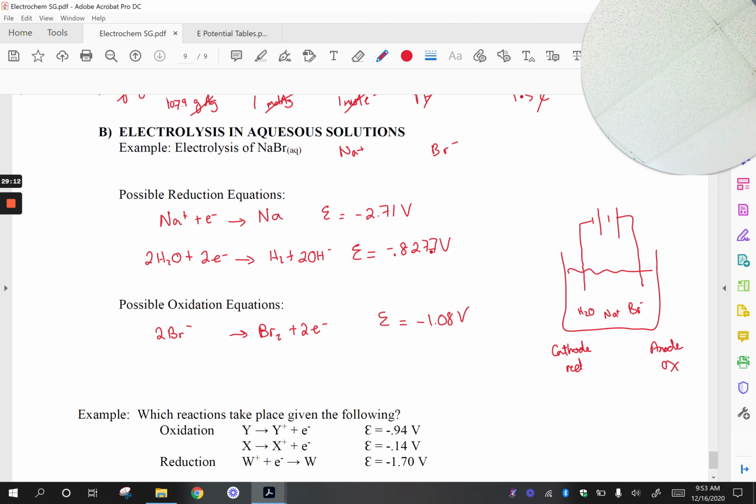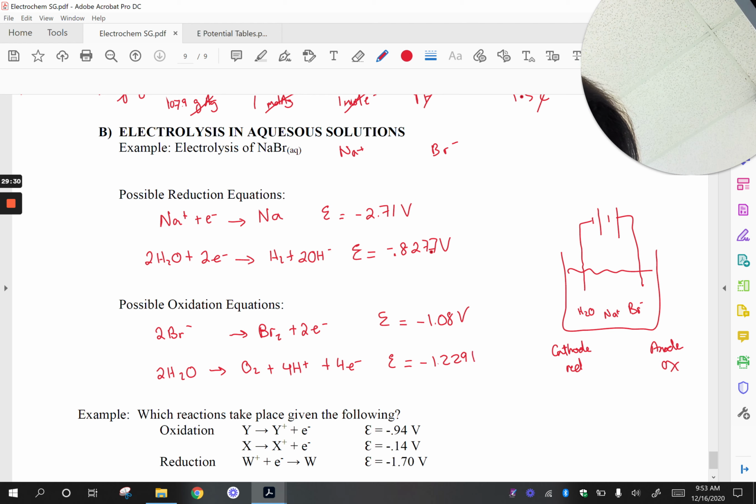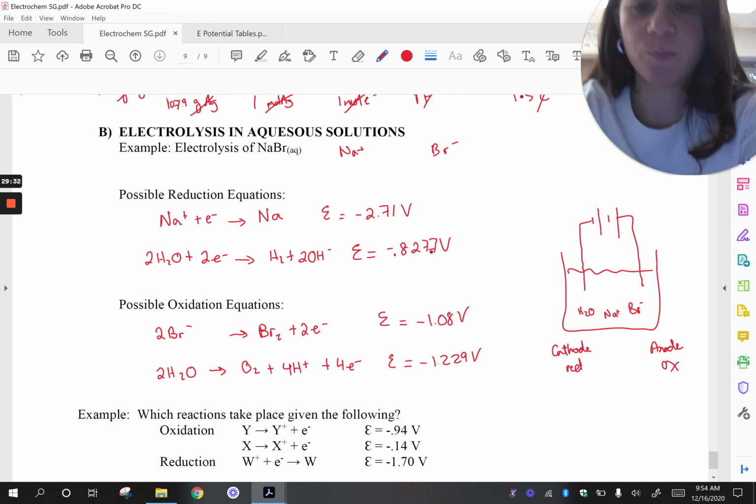And the oxidation one, so flip the reduction equation, you get 2H2O yields O2 plus 4H plus 4 electrons. The potential, since we flipped the equation, is also flipped: -1.229 volts.